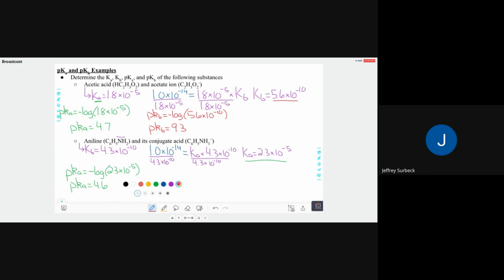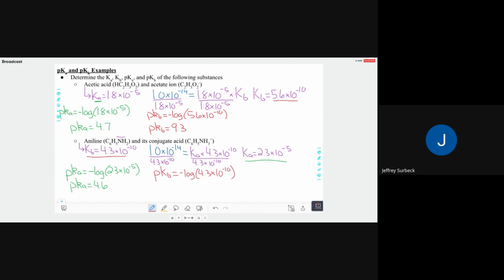If I do the same thing for pKb, this time we're going to use that first given value from the chart: pKb is equal to the negative log of 4.3 times 10 to the negative 10th. I plug that into my calculator and press enter.